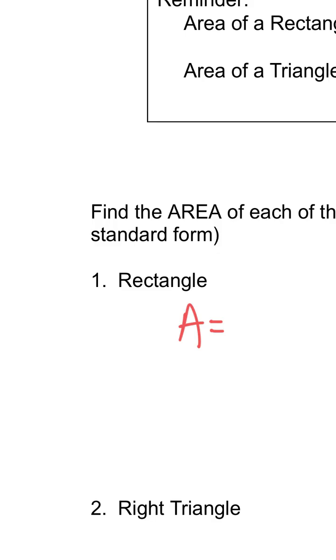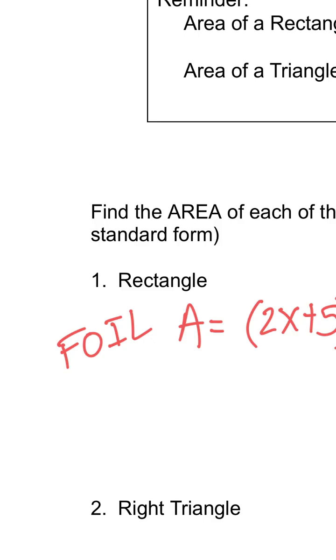So we are going to multiply our length and our width. Do we do the FOIL for that one? Yep. We have our 2x plus 5 and our 2x minus 1, and yes, you can use the FOIL method for this one.